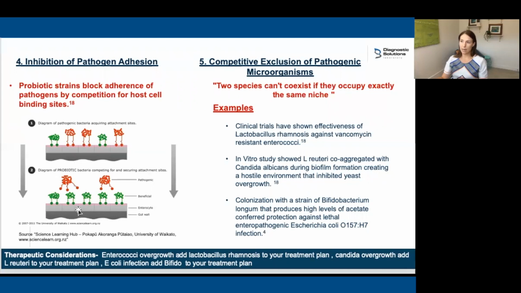If we have a nice volume of probiotics, that makes it a lot harder for these pathogens to adhere to those receptor sites. This is going to help with preventing any sort of infection, just that competitive inhibition. That's really quite a simple thing to think about.